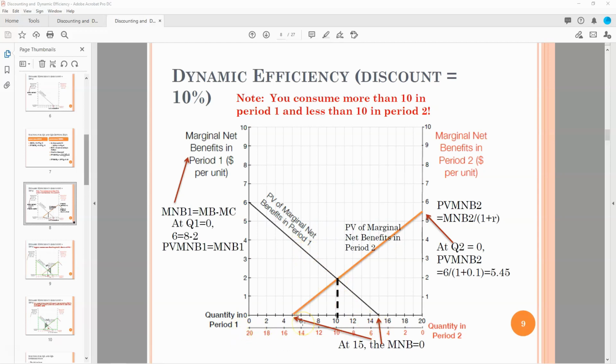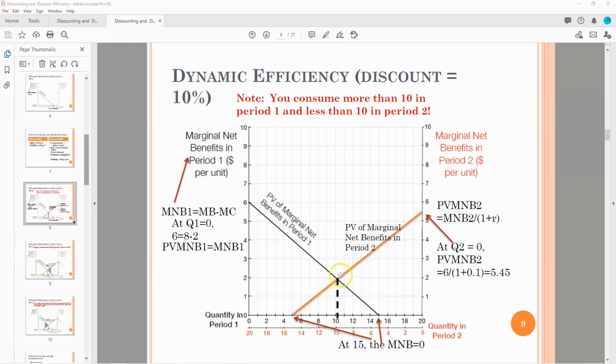So why? First, we will look at the x-axis from the left end to the right end. The x-axis represents the quantity consumed in period 1 from left end to the right end. From right end to the left end, the x-axis represents the amount that we can consume in period 2.